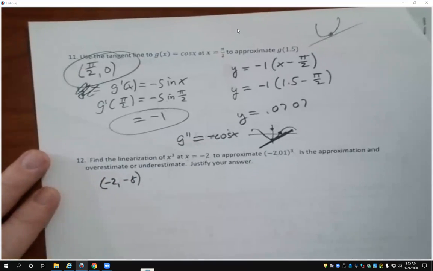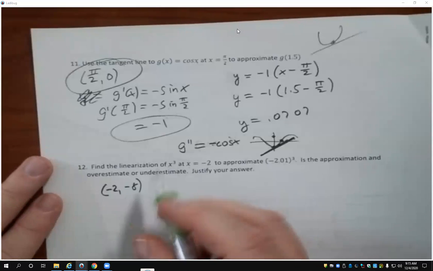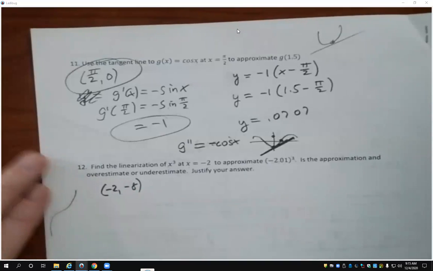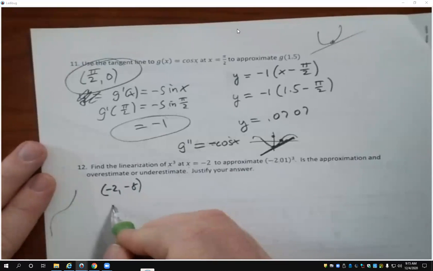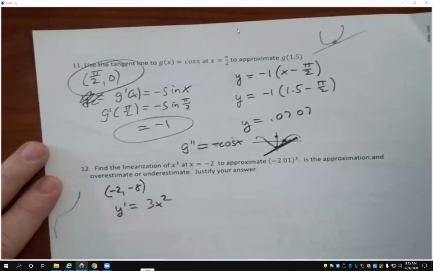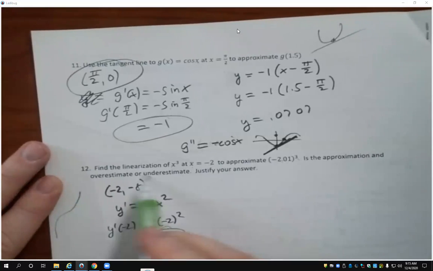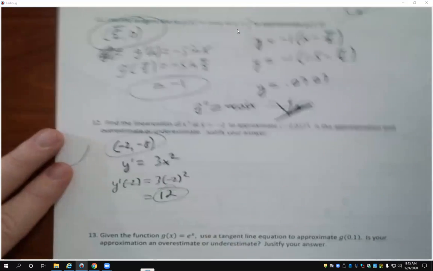Yeah, thanks. No problem. All right, so this one, x cubed. We know what x cubed looks like, by the way. It looks like that. The derivative is 3x squared. The derivative at negative 2 is 3 times negative 2 squared, or 12. That's my slope. That's my point.